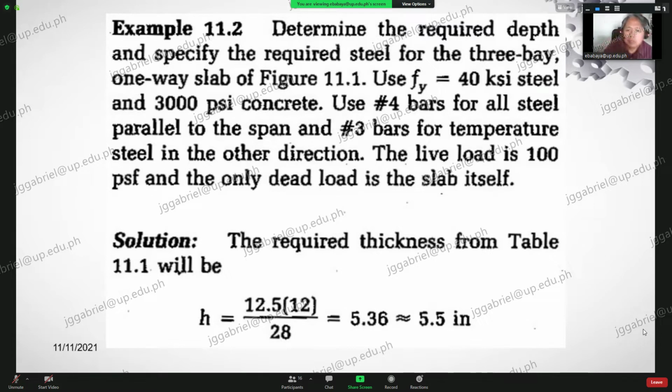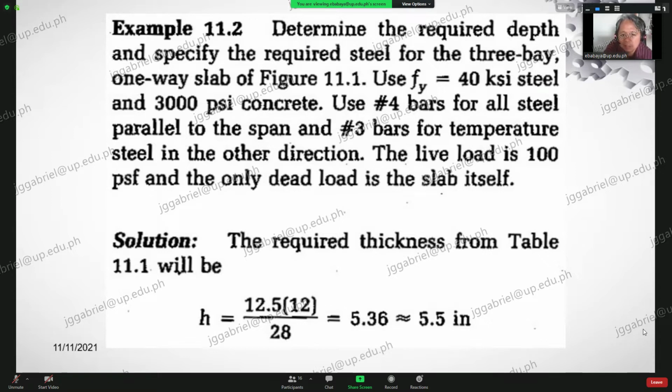Yung number 4 bars parallel to the span. Okay, when you say span, this is the length which is actually perpendicular to the length of the one-way slab, no?